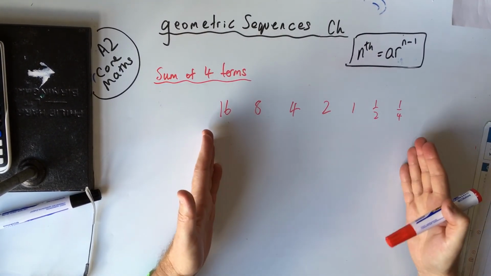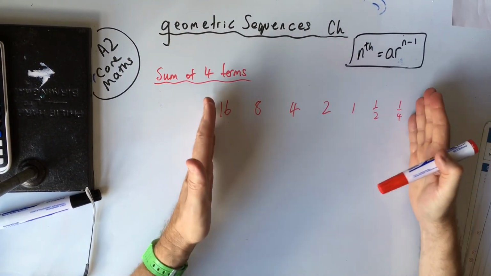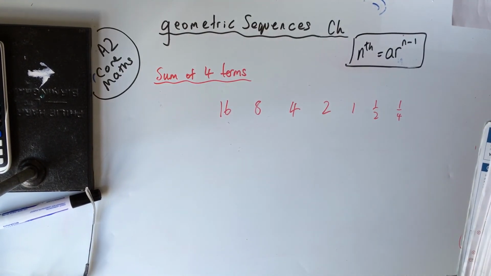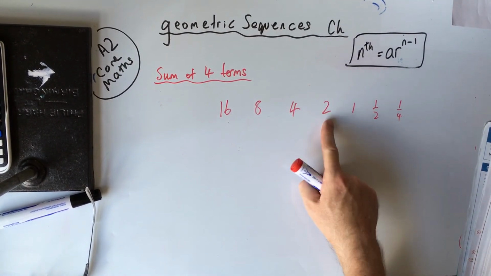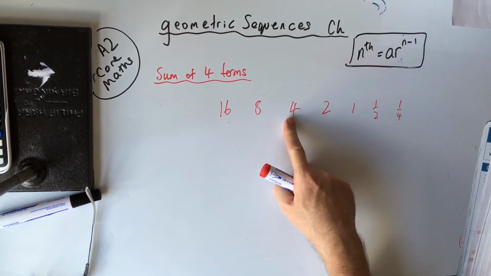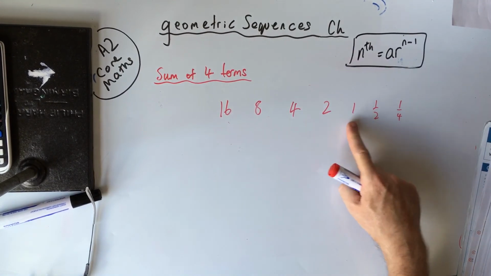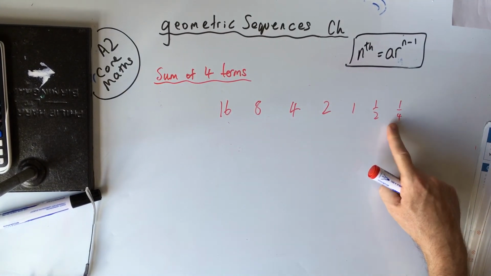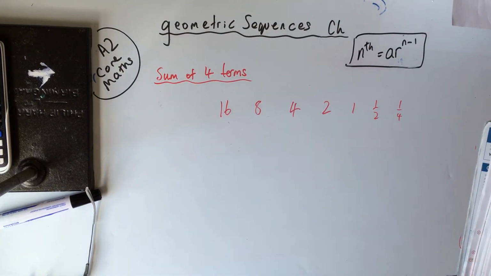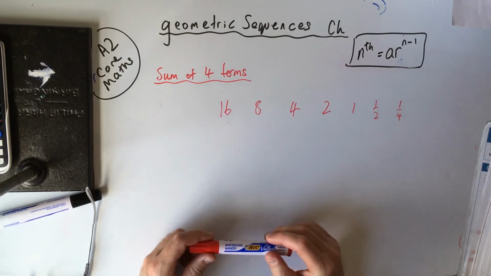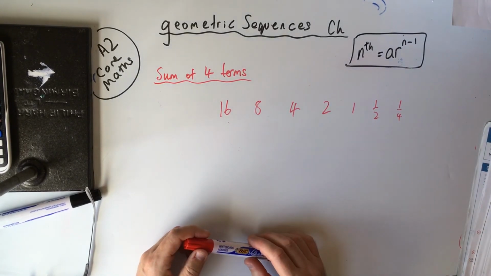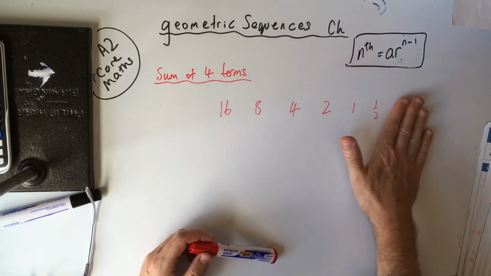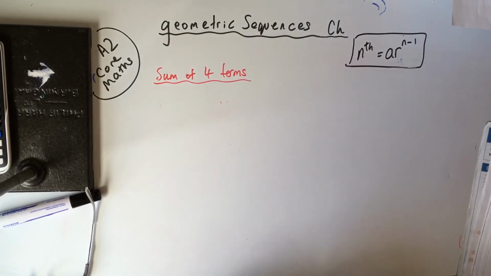With an infinite number of terms, it reaches a total of 32. You can see it's homing in on that: 24, 28, 30, 31, 31 and a half, 31 and 3/4, 31 and 7/8, and so on. But it reaches only 32 at infinity, and there's a formula for that, just a simple variation of the ones we've just looked at. I go through the proof of that in the next lesson.